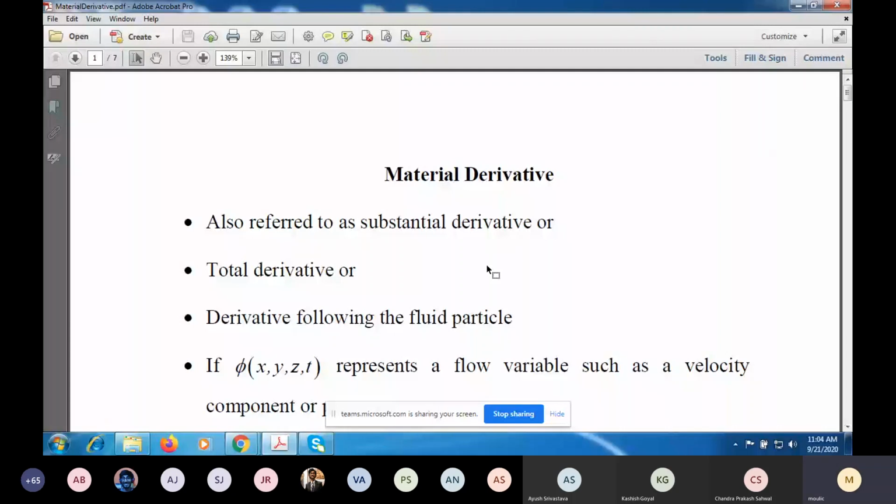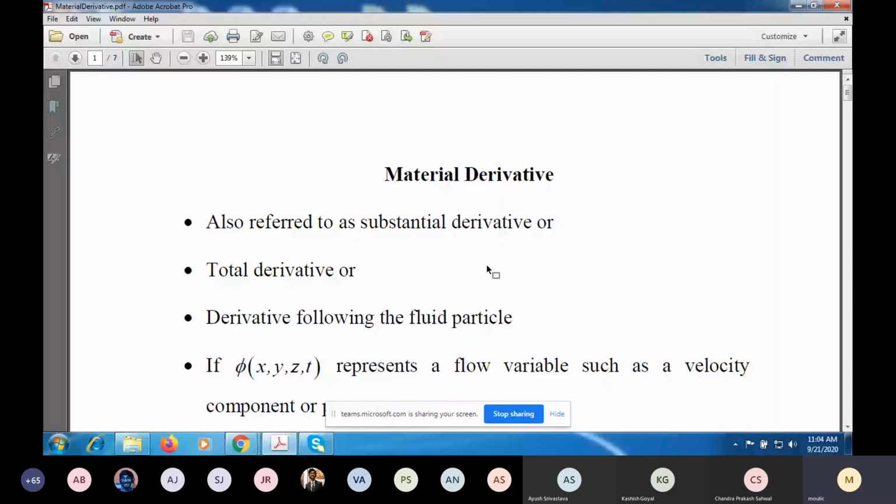Now, last time I talked about the Galilean transformation. So we need to review the concept of what you know from your fluid mechanics course as material derivative. This term material derivative is also referred to as substantial derivative or total derivative or derivative following the fluid particle.